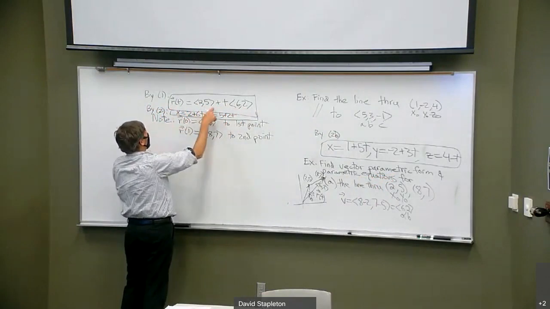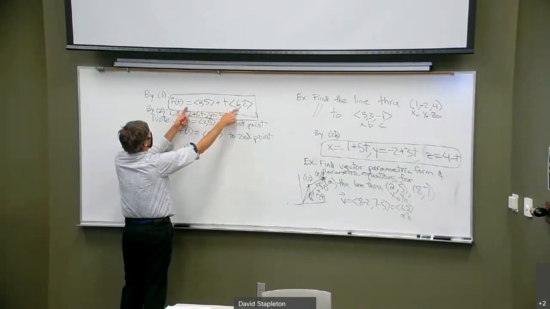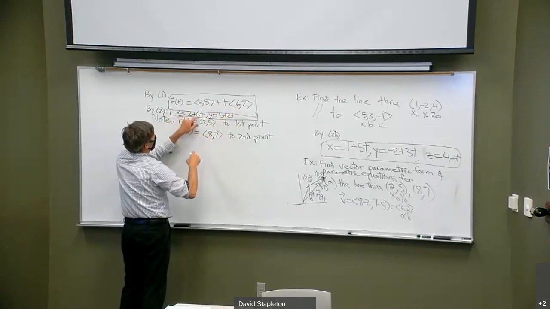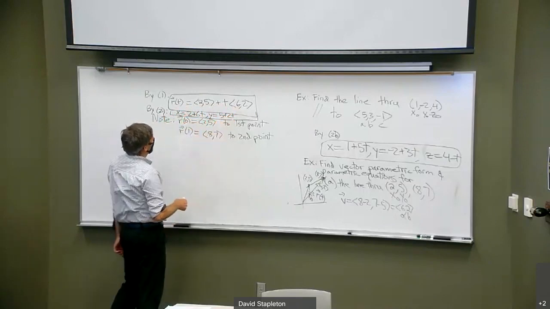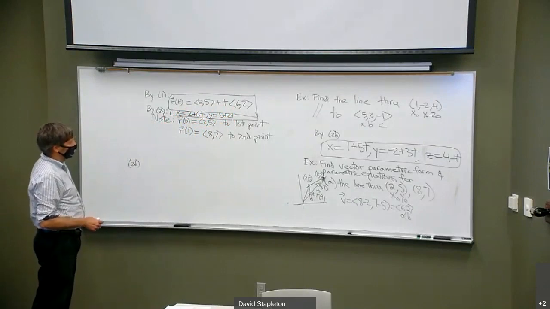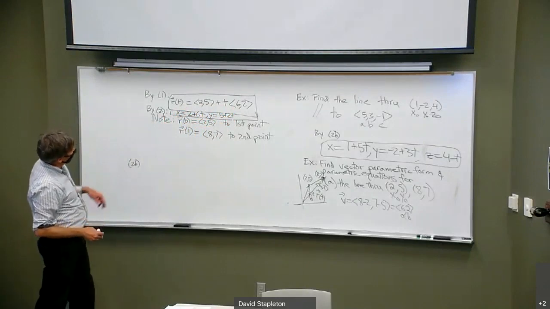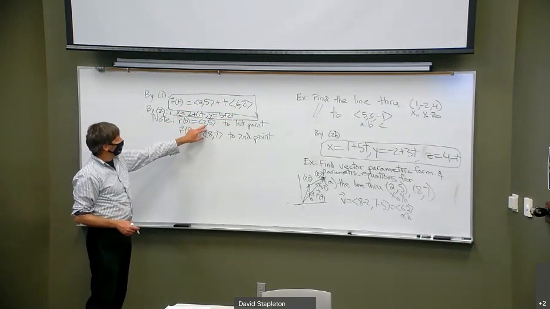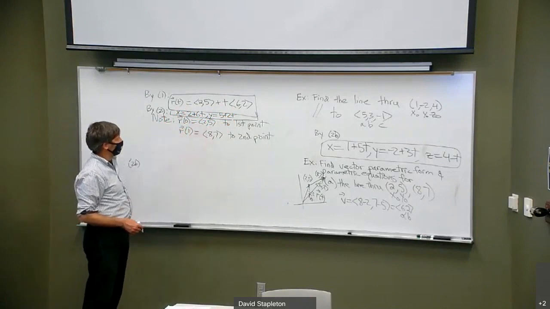So this first one is the vector parametric form, and then if you just equate components, or if you write equations 2, x0 plus at, y0 plus bt, you get the parametric equations. So there's the line, that's part one. And then we notice that r of 0 is the first point, 2, 5, and r of 1 goes to the second point, 8, 7.